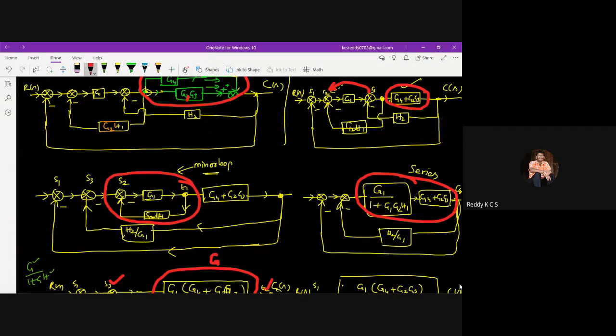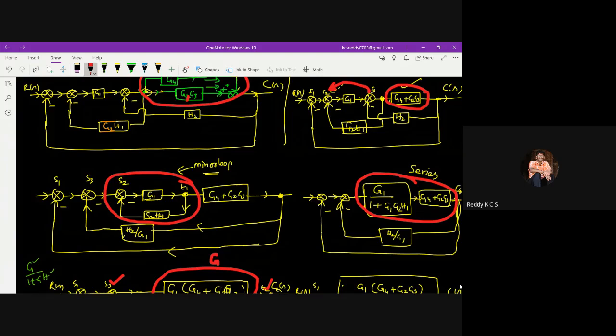The block gain is G1, so the reciprocal 1 by G1 will be added in series with the signal. These two blocks once again become in series, so I multiply both block gain values. That's why I directly multiplied the block gain value with the H2 value. That is what happened here.